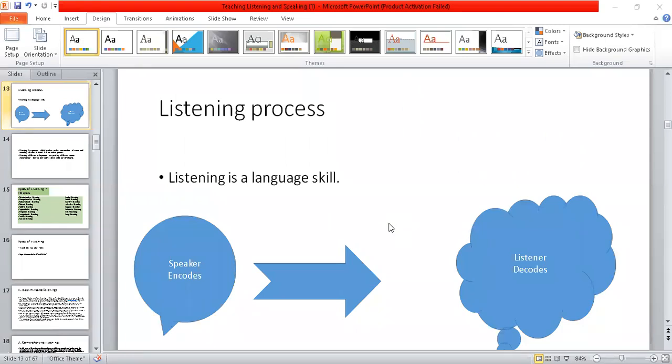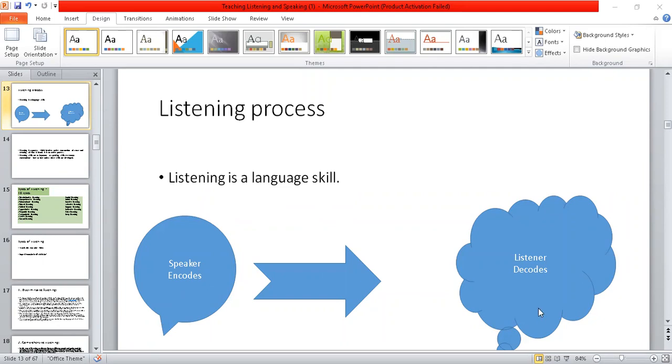I showed you this picture, right? Now, all these 18 types of listening take place from this end to this end. Do you see the screen? Yes, ma'am. So these are the two corners of all these 18 types of listening, right?